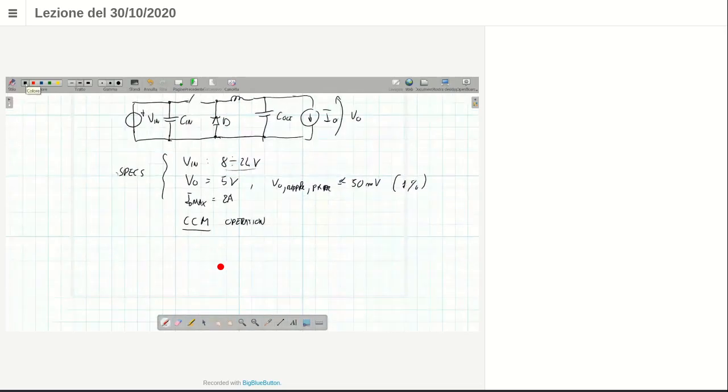Now let's start with the requirement on continuous conduction mode operation.